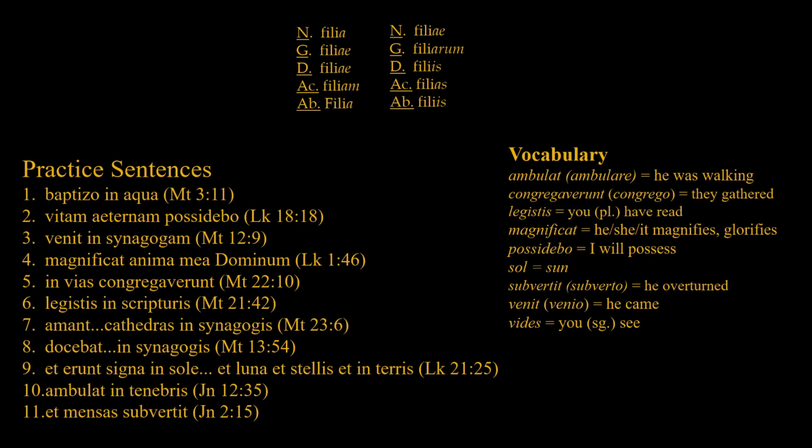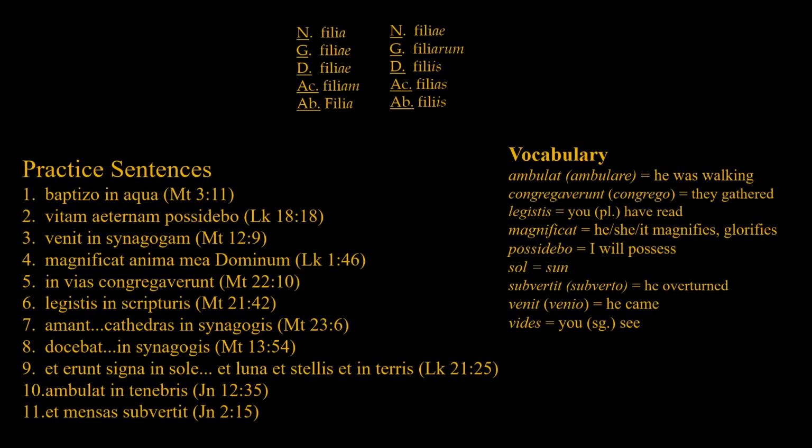Vitam aeternam possidebo. Possidebo, I will possess, right? I will possess life, vita. In the accusative case, vitam, because vitam is receiving the action of being possessed. And then aeternam, the adjective there, follows the same declension, and we'll talk about that a bit down the road.